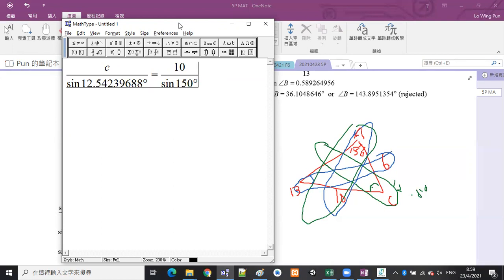I want to find length C. So I just multiply the sine angle to the right. So it should be 10 over sine 150 degrees times sine this number. Okay, and then use the calculator. It should be 4.34 something, right?